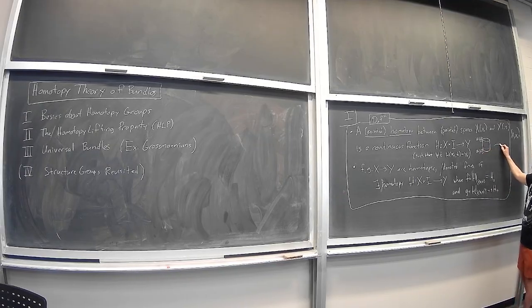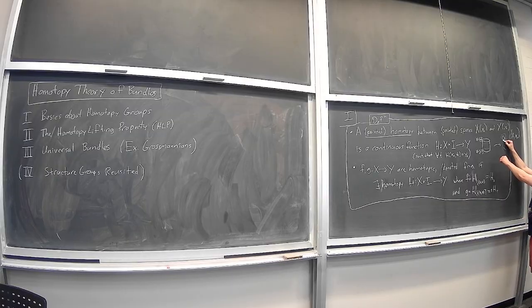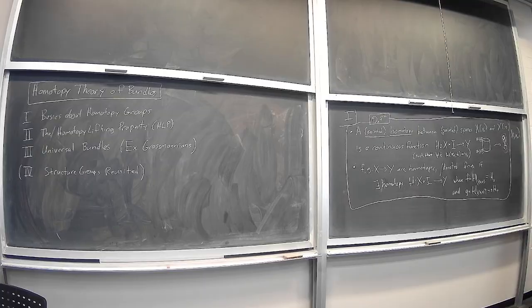And when we map this into Y, basically it looks like a sequence of movies of slices of X. Maybe they shrink, maybe they grow, maybe they twist and turn, maybe they spin around. It's basically just a movie of images of X inside of our codomain. And I guess the words continuous deformation could be used synonymously with homotopy.